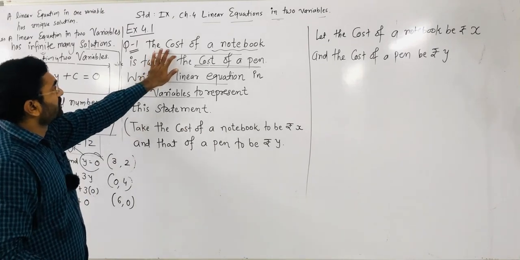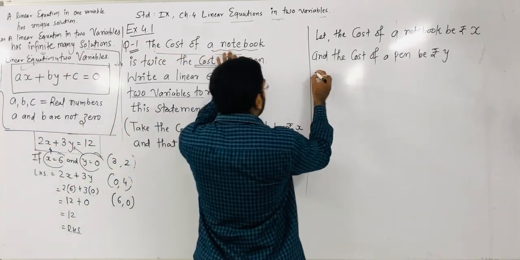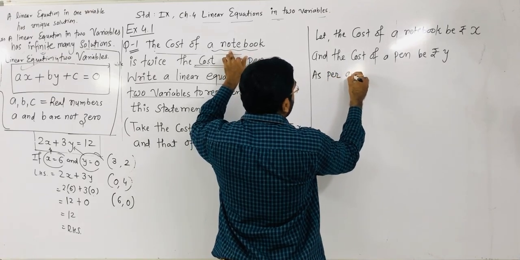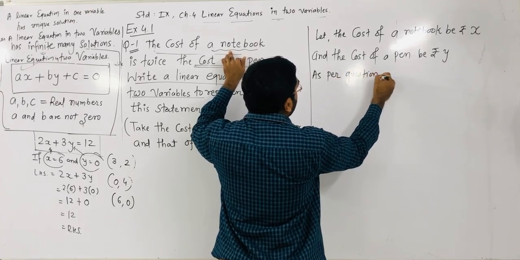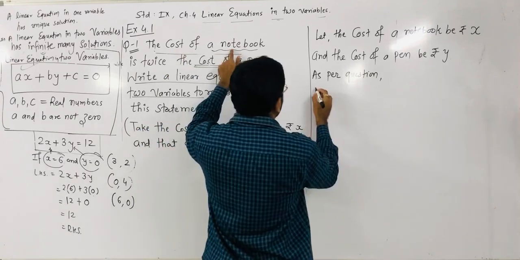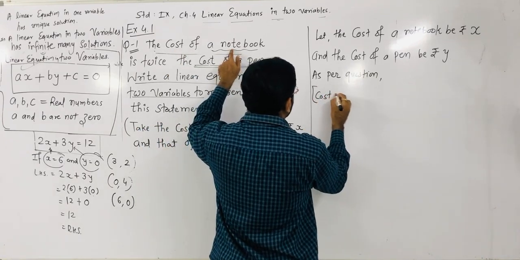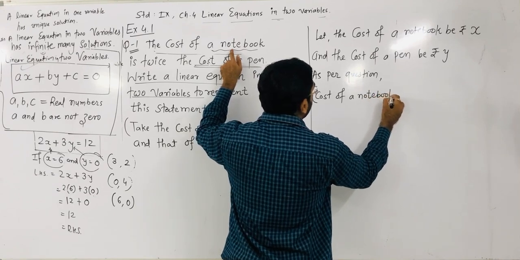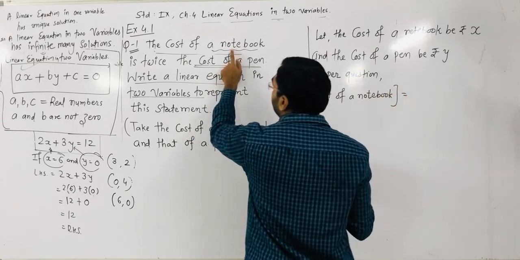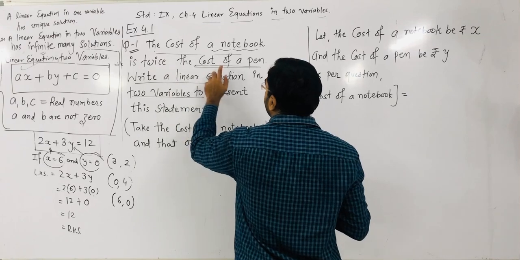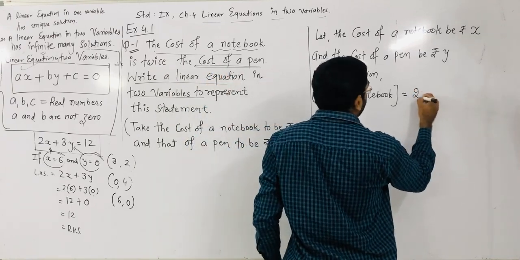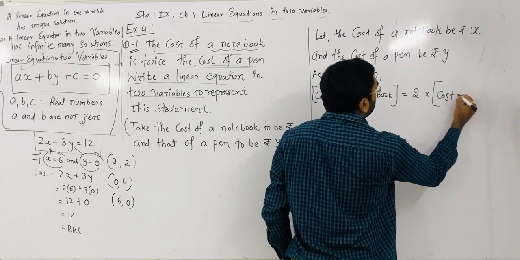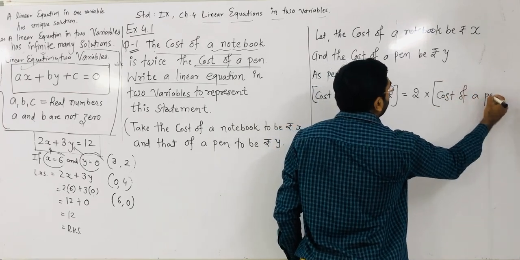Now read the question. As per the question we can represent the cost of a notebook. Cost of a notebook is equal to twice, whose twice? Twice the cost of a pen. Twice means 2 times, and here we write the cost of a pen.